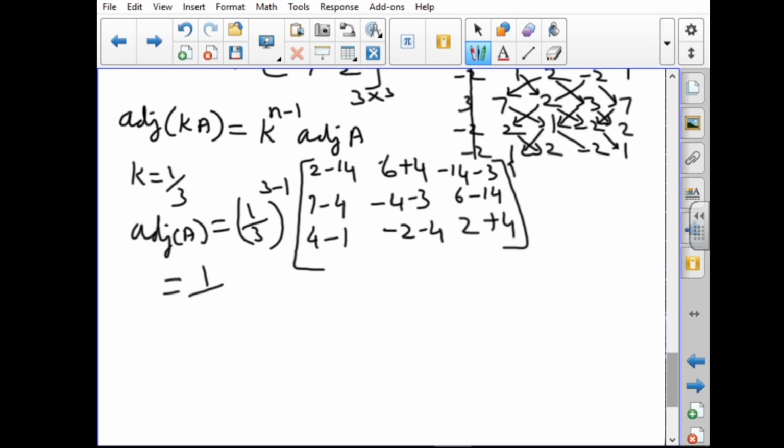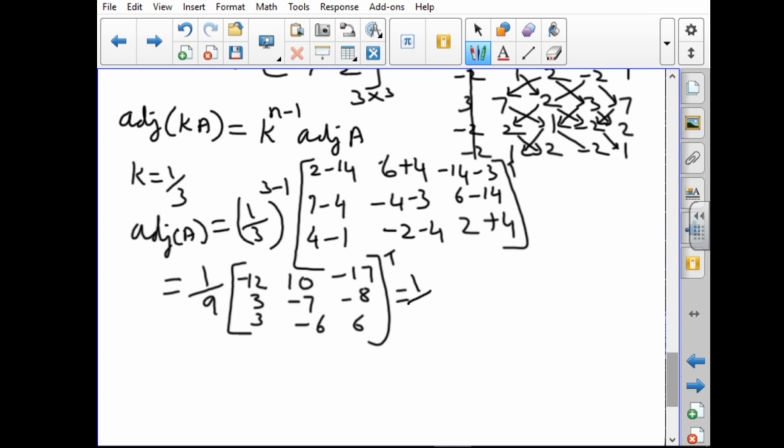So 1 by 3 square is 1 by 9 into minus 12, 10, minus 17, 3 minus 7, minus 8, 3, minus 6 and 6. The whole transpose. So this is equal to 1 by 9 into, we have to write the transpose.